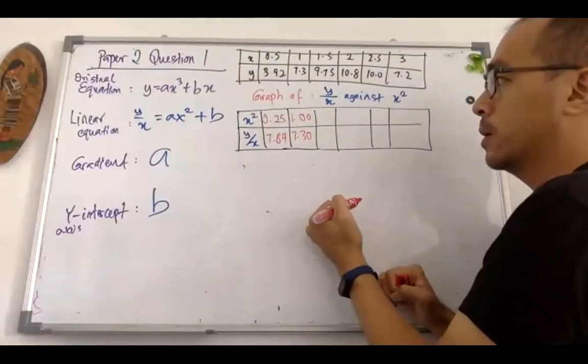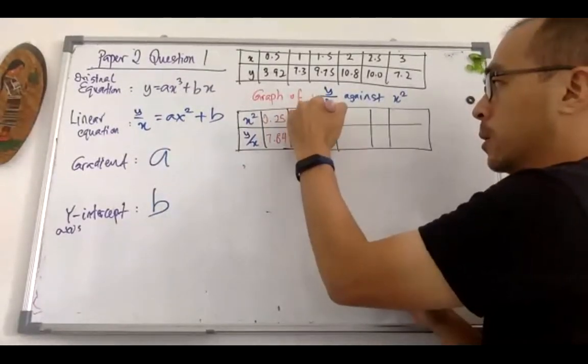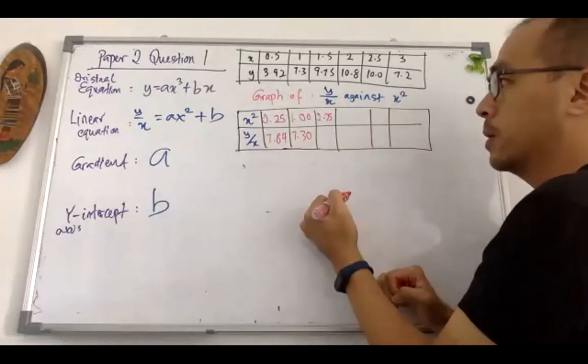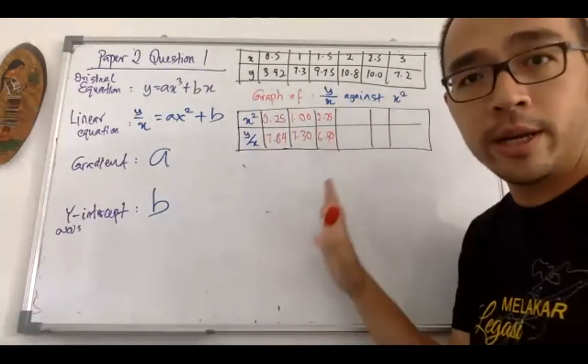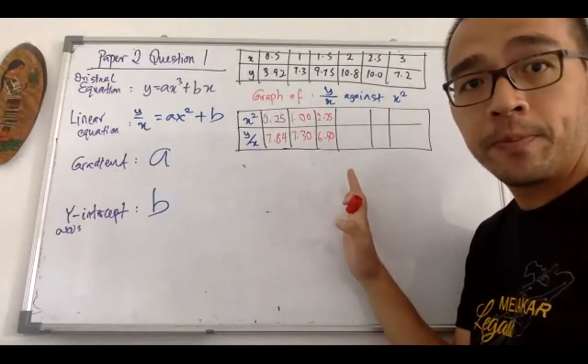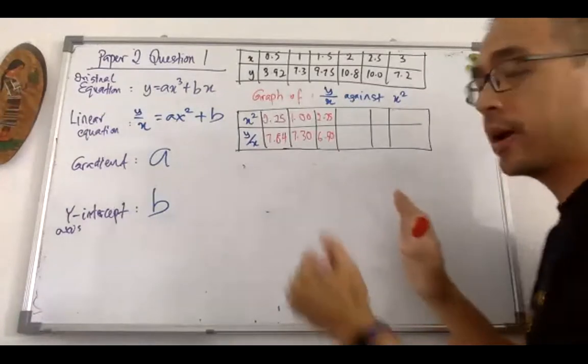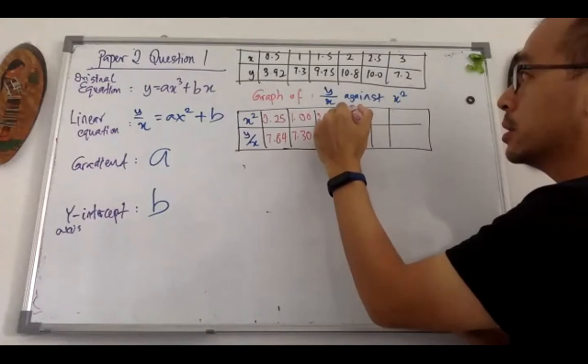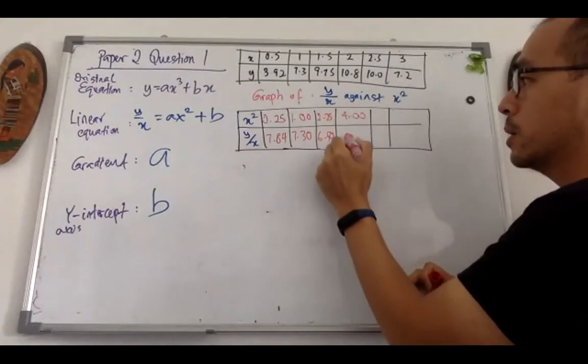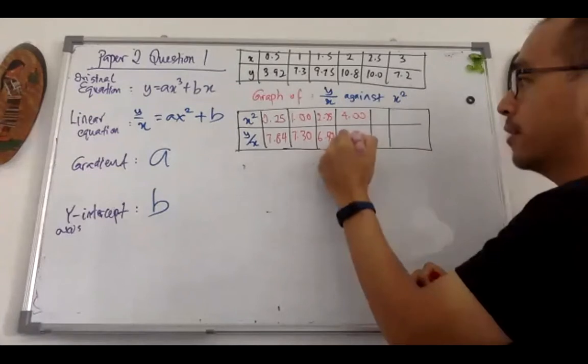Then 2.25. 6.50. Okay, I'm going to stop here for a while. Everybody else okay so far? All right, continuing. Thanks, Kelly. Continue. Then 4.00. 5.40.